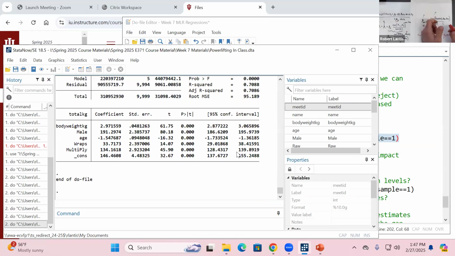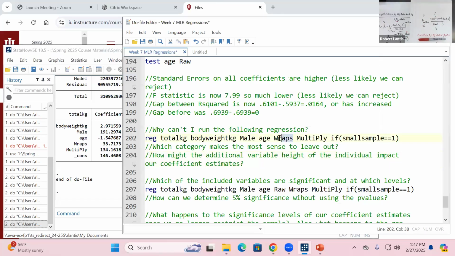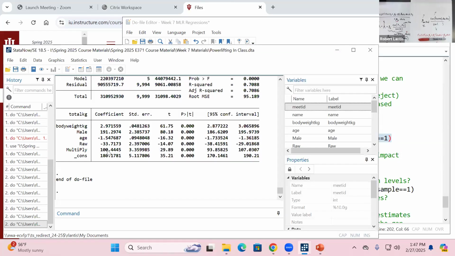Well, I could rerun this regression, and instead of leaving out this raw division, I could leave out the middle one, which was wraps. So this would tell me what? Being in the multiply competition relative to the group I've now left out, the wraps division, I can expect the weight lifted would be about 100 kilograms heavier.